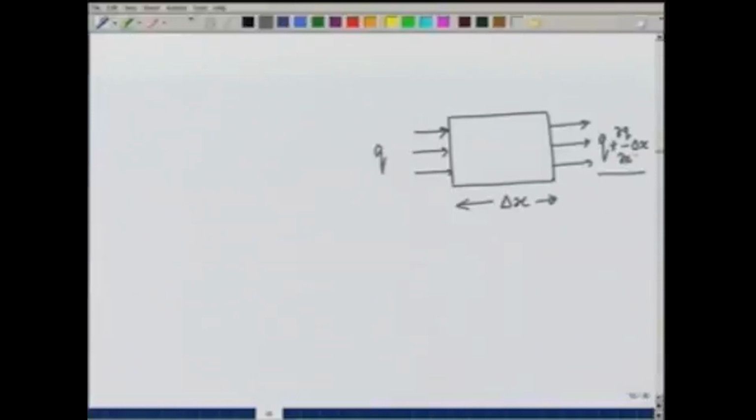So, the continuity equation says that mass has to be conserved. That means the net inflow into this volume should be equal to the change of storage.